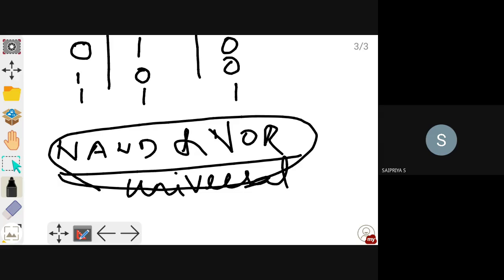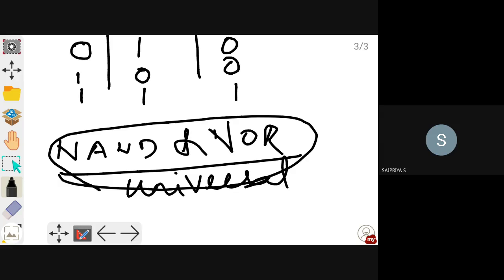Any Boolean function can be represented using NAND and NOR. So that only it is known as universal gates. In this unit, the last topic will be the implementation of NAND and NOR. That is, any Boolean function can be implemented using NAND and NOR. So any operation, that is OR, AND, NOT, anything can be implemented using NAND and NOR. That's why NAND and NOR are known as universal gates.